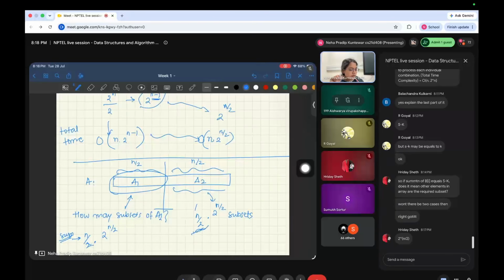So now you have the sums of all possible subsets of A1 and the sums of all possible subsets of A2 that are available to you. So what can you do to check if the original set A has a subset whose sum is equal to K?